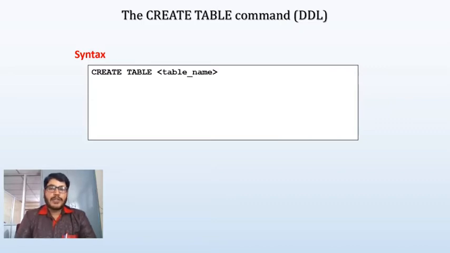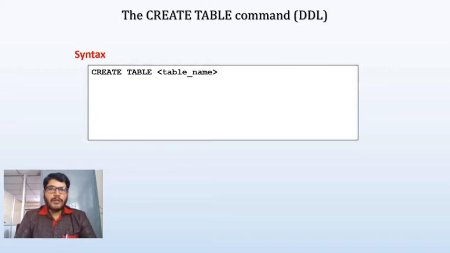In an examination, they may ask you to create a table student with the following fields, and they may list out some of the fields like roll number, name, class, division, etc. Similarly, create a table employee with the following columns, and they may list out some column names like employee ID, name, salary, department, etc.